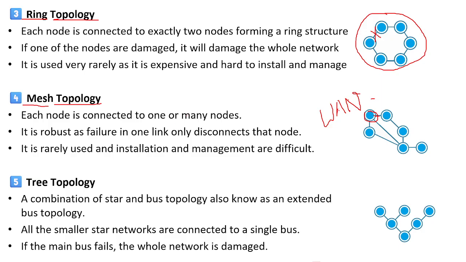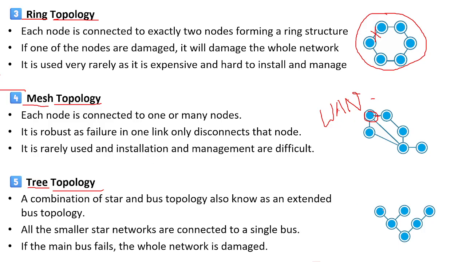We cannot say the internet is purely a mesh topology, but it's a combination of many different topologies, which is called the hybrid topology. And the last one we have is the tree topology, which is a combination of star and bus topology.